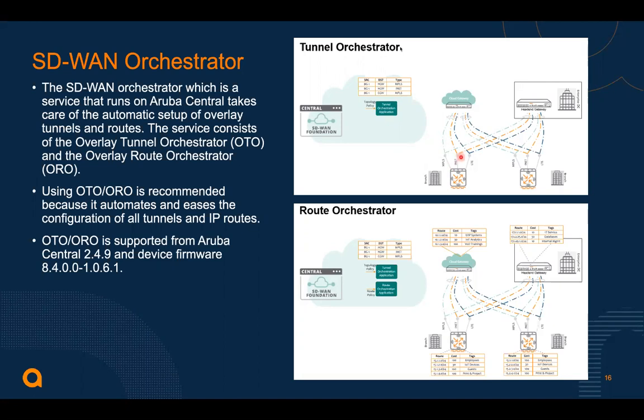When it comes to route orchestration, it does use tunnel and topology policies. On top of this, we use route policies, where we have a set of routes with the right number of costs that have been added with some tags.